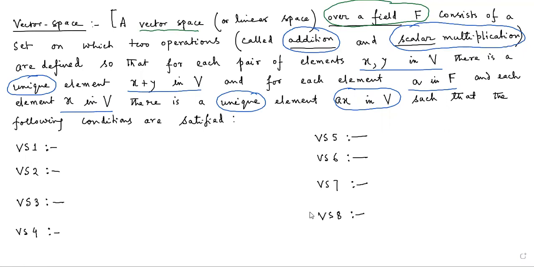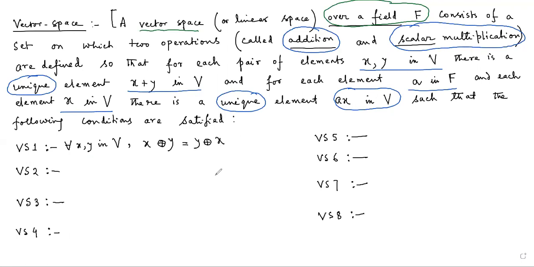So what is the first property that I'm going to talk about? Carefully listen to me. First of all, for all x, y in V, x plus y is equal to y plus x.